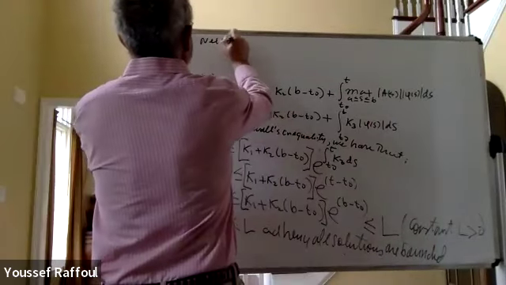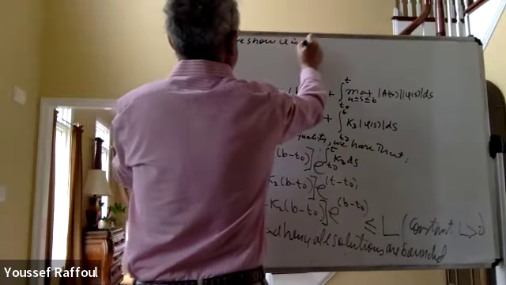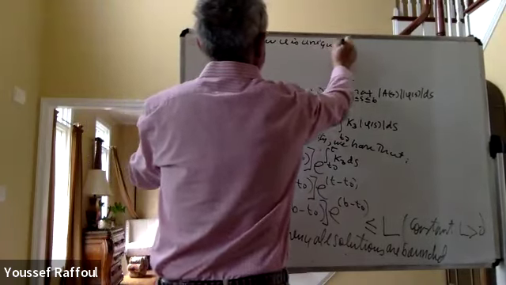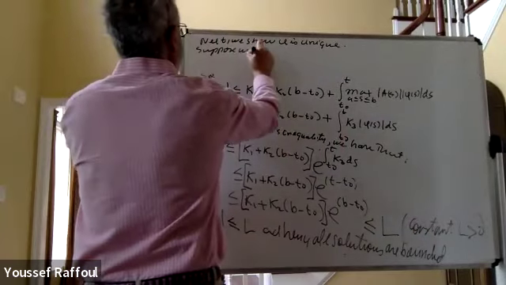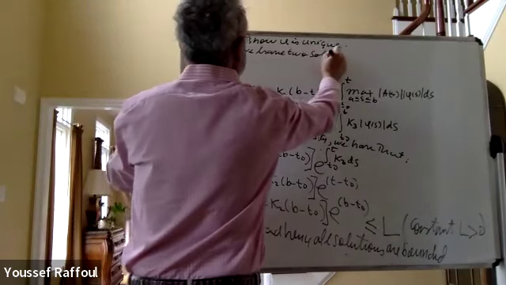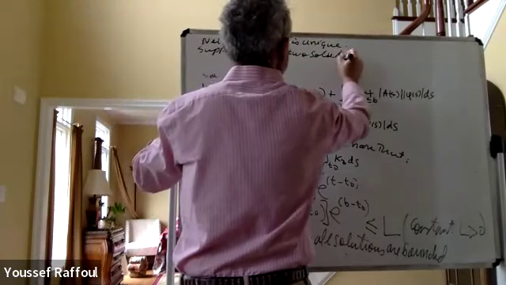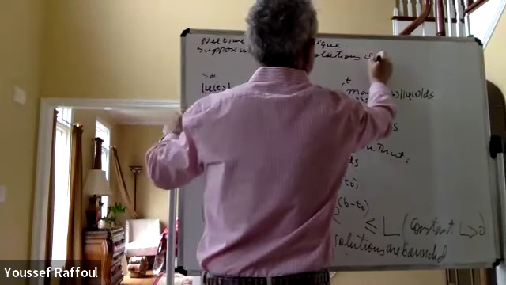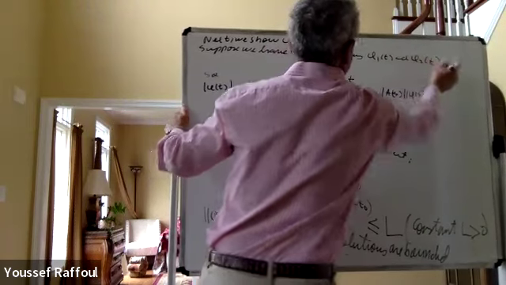Next, we show the solution is unique. Suppose we have two solutions, phi 1 of t and phi 2 of t.